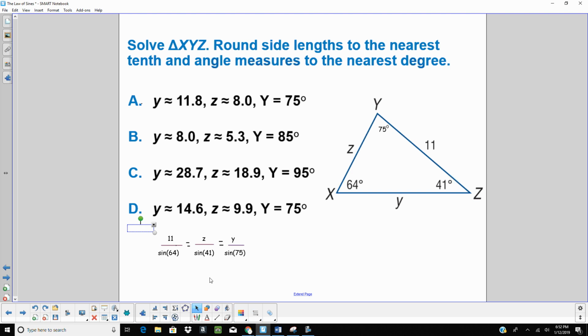You're going to have to do two ratios here. The first one would be the first two fractions set equal to each other. The second one would be the first and the third set equal to each other. And remember, you're just cross multiplying. When you do that, you should get answer A.